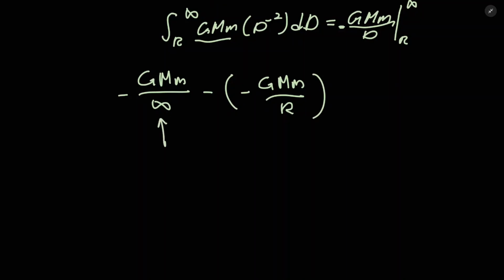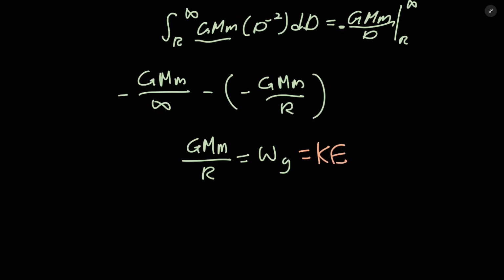And as this goes to infinity, this whole value goes to 0. So we're going to get G M m over r is equal to the work done by gravity, which remember is also equal to our total kinetic energy at the beginning, which is 1/2 m v sub e squared.